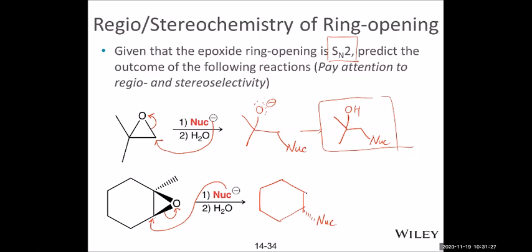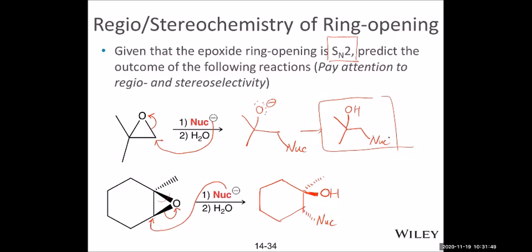Then we look at this carbon. The carbon-oxygen bond did not break, so whatever wedge or dash stays the same. This oxygen becomes the alcohol because of the protonation by water. And this methyl group, nothing happened; it's still the same methyl group.